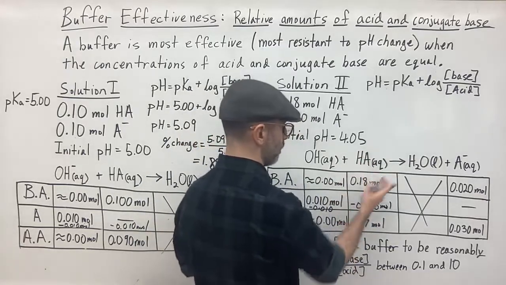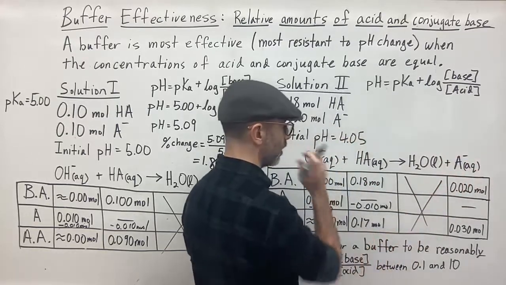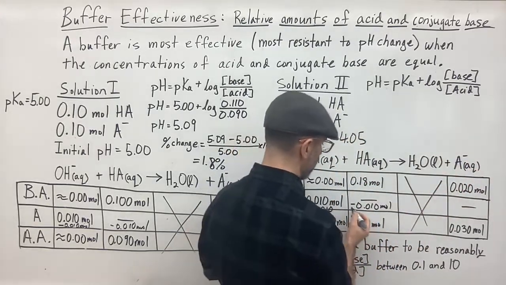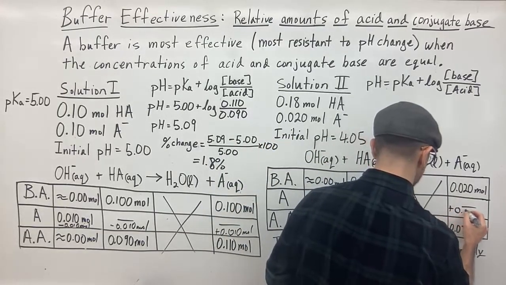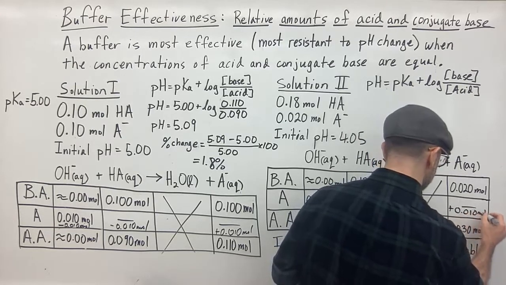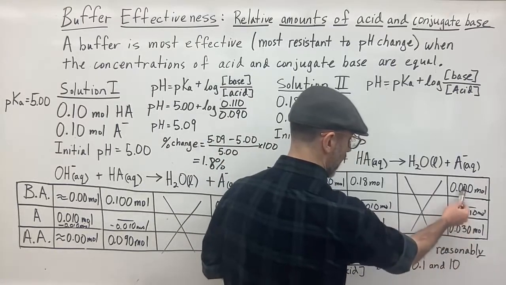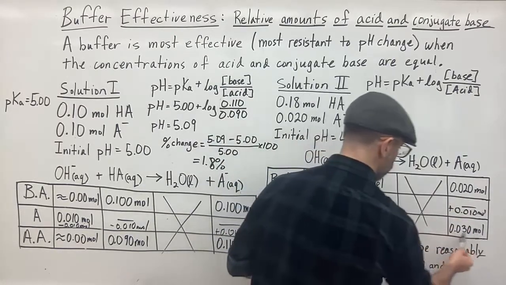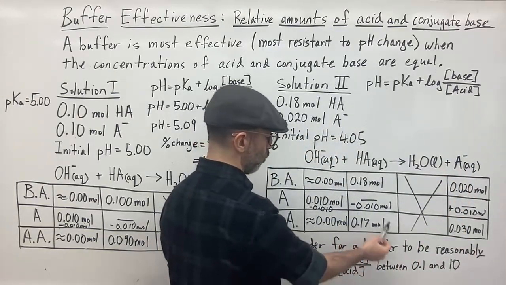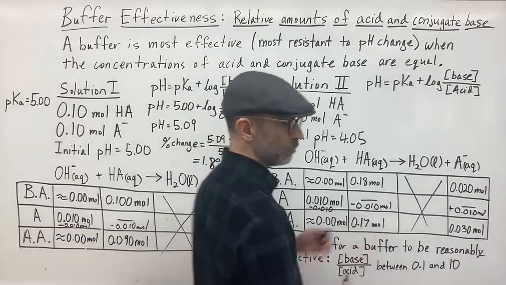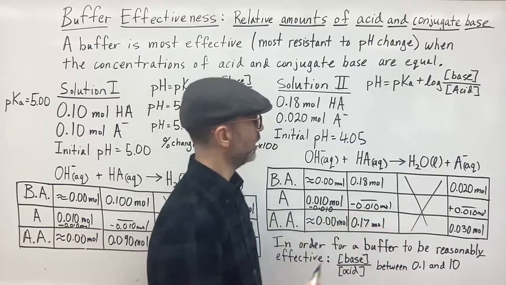By reacting that amount, that's going to produce the same amount of our conjugate base, sorry. So if we lose this amount here, we gain it here, plus 0.010 moles. And so that's where we get 0.030 moles of our conjugate base, and we end up with 0.17 moles of our acid.